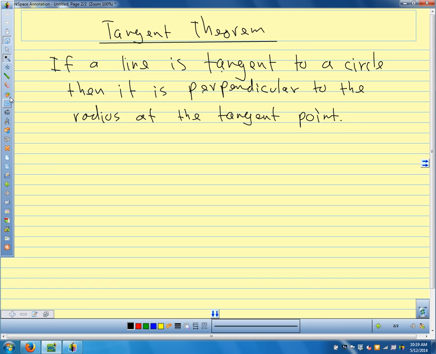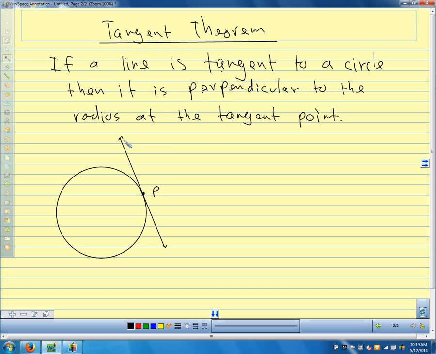So our picture here looks like our picture before, but we're going to draw a radius now. So if I have my tangent line like so, and there's my tangent point, P, and I'm going to call this line AB. And here's my center, so we'll draw a radius. What the tangent theorem tells us is that this angle is a 90-degree angle.